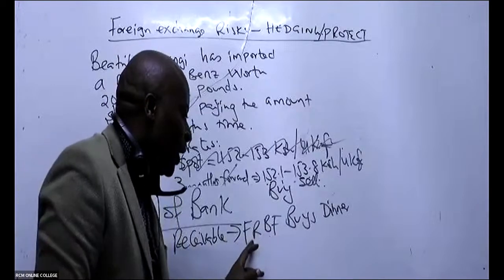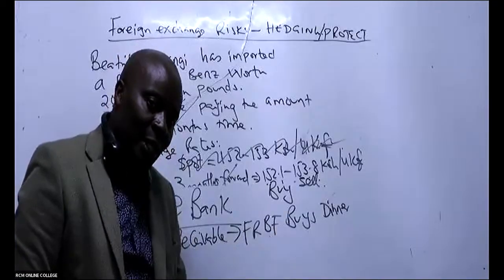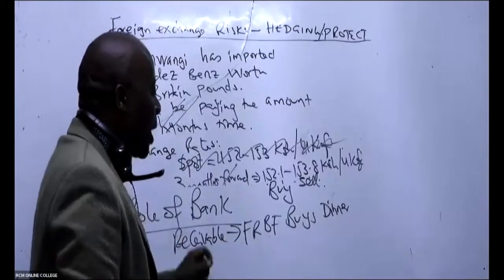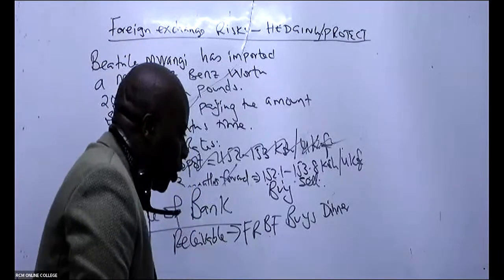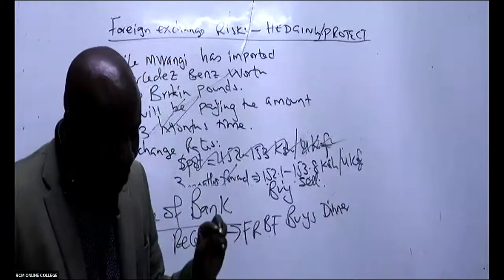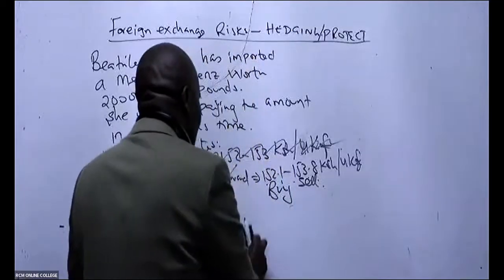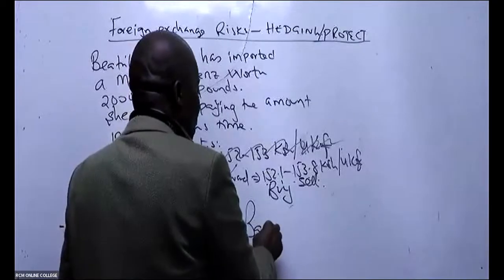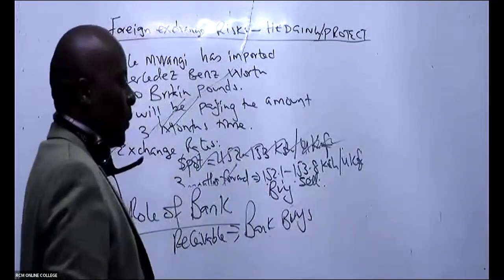Foreign boyfriend always gives you something, always buys dinner. So any receivable question, the bank buys. Forget about these foreign boyfriend things. The most important thing is that whenever a question is a receivable question, the bank buys.